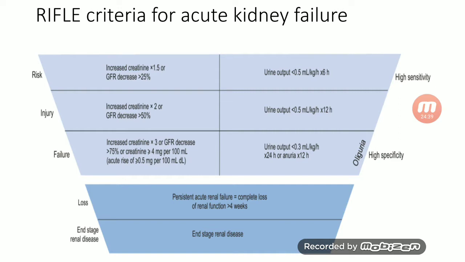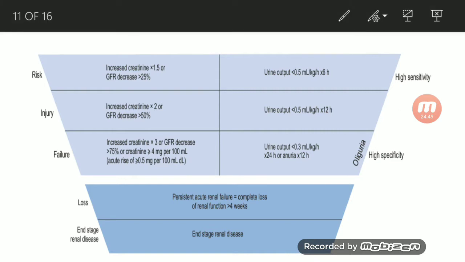First and foremost, under what conditions can you say that your kidney is at risk for development of acute failure? If there is increased creatinine level, if your plasma creatinine level increases by 1.5 times.